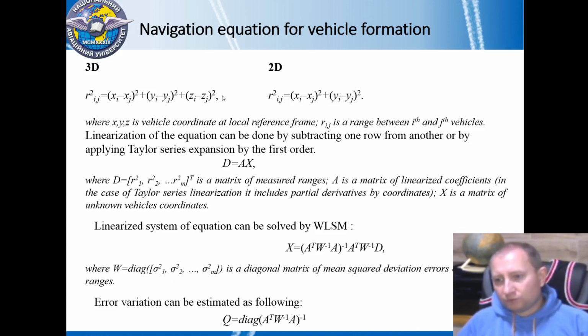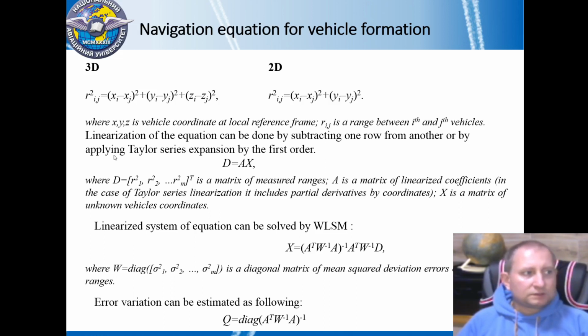However, the two most common of them: one is just to subtract one equation from another equation and then open the brackets. It gives us minimization of the equation, and then we can reduce the power level in this case, and our equation becomes linear.